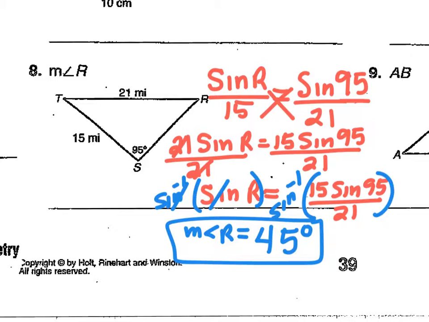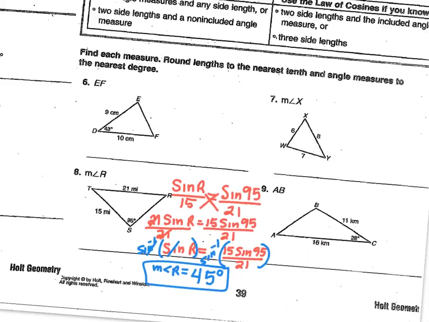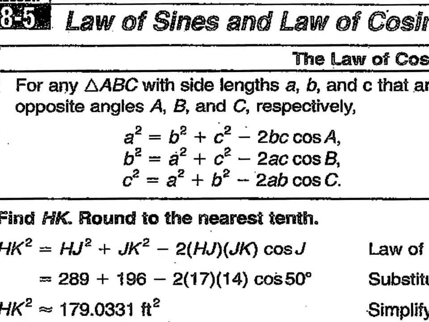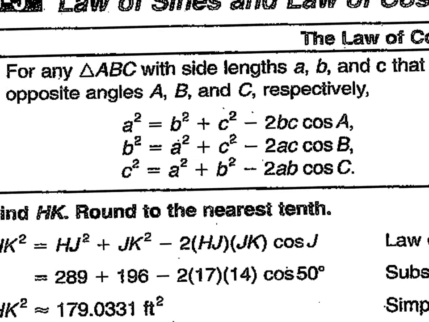Now let's go ahead and talk about the law of cosines. Okay, so what is the law of cosines? The law of cosines looks a little intimidating, like, oh my goodness, that's so much.